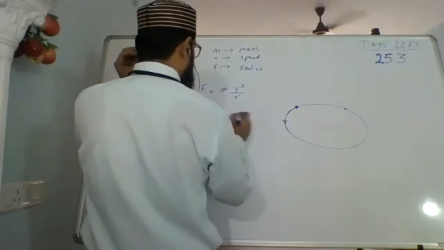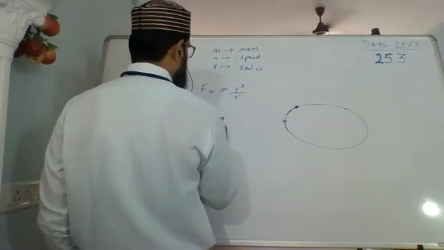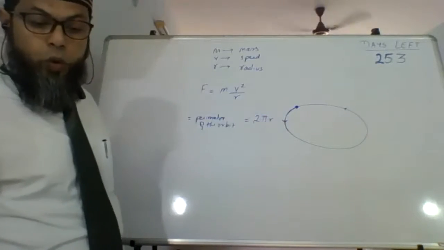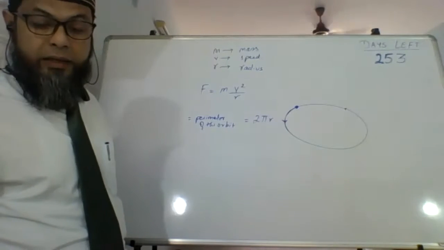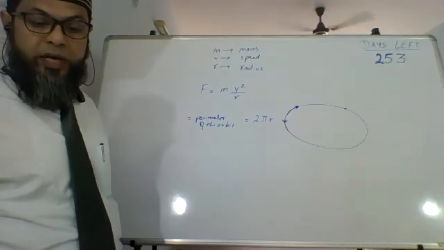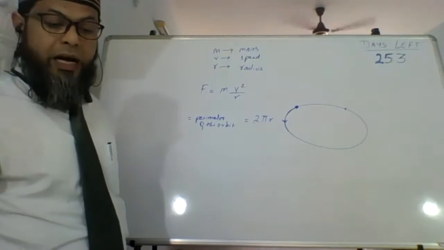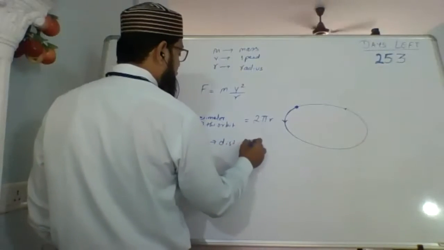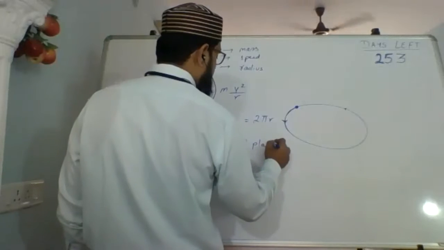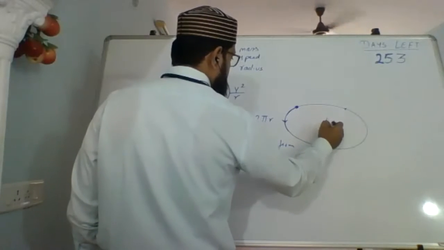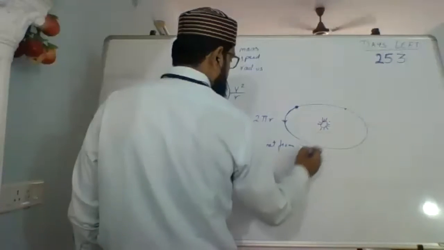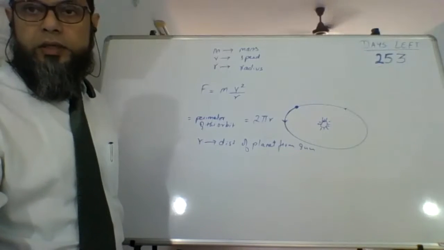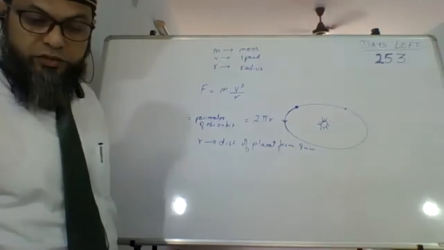Since it's a circular orbit, the perimeter is the circumference, which is 2 pi r, where r is the distance of the planet from the sun.